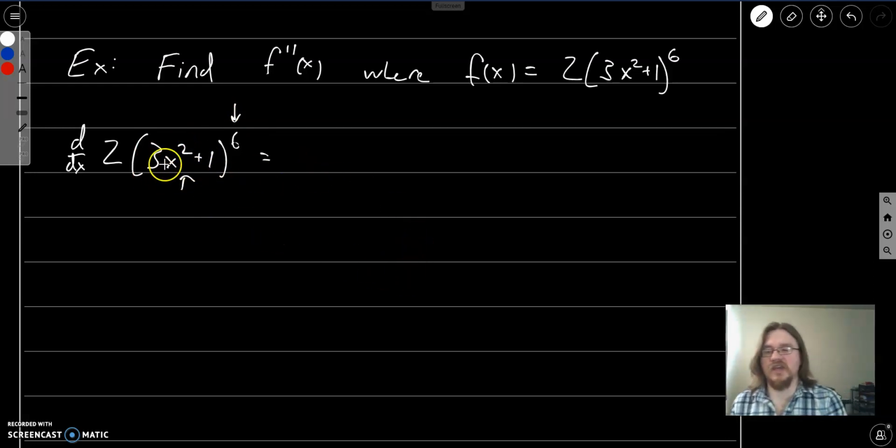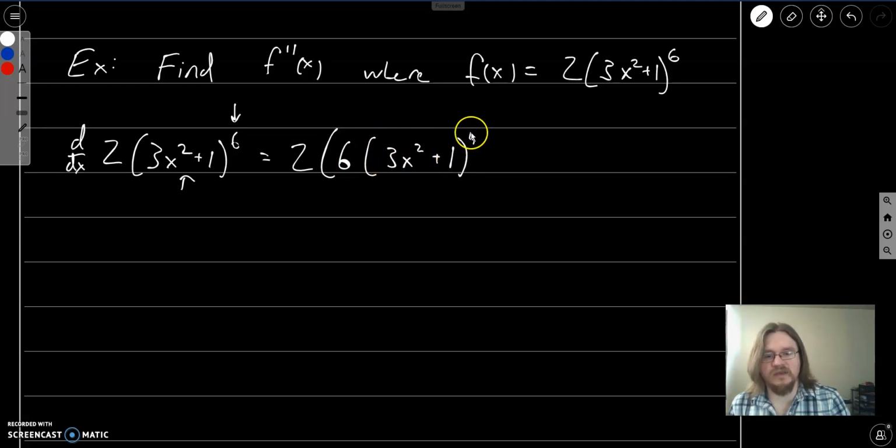So again, with the chain rule, first of all, I have a constant out here, so that constant just hangs around. It doesn't go anywhere. And now I'm going to take the derivative of what's left. So I take the derivative of the outside, and the derivative of something to the 6th power is that something raised to the 5th power with the 6th out front.